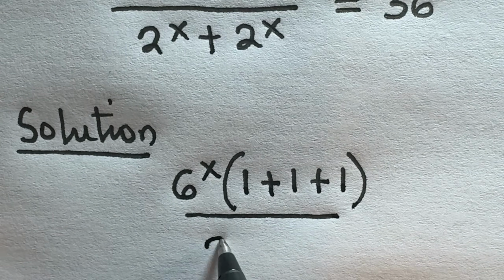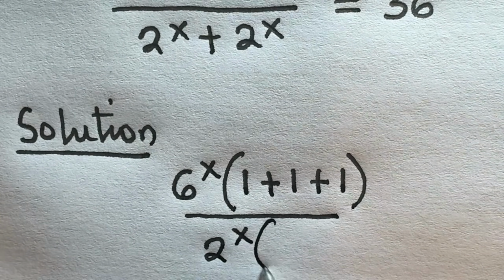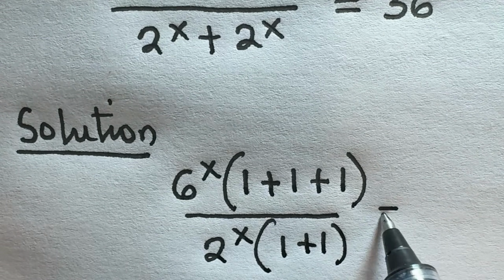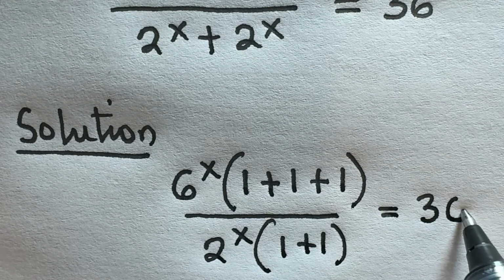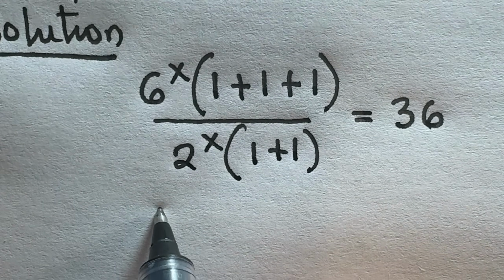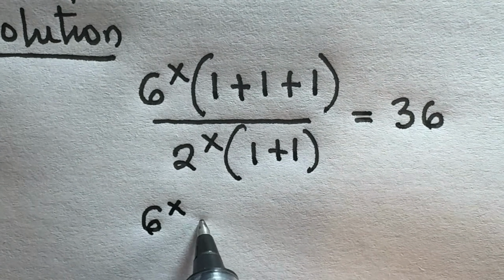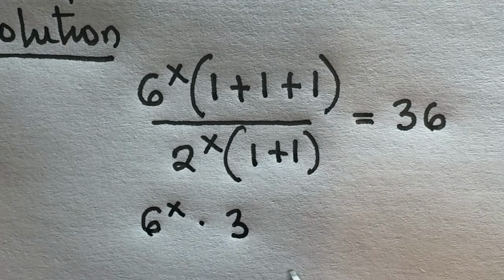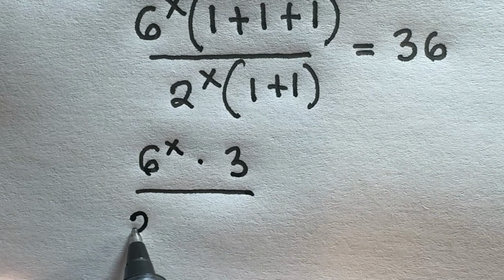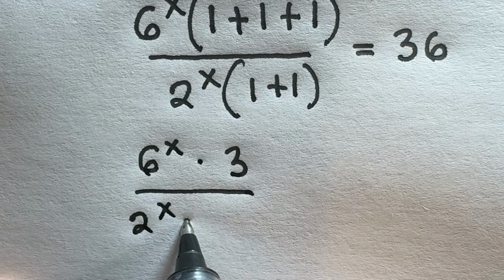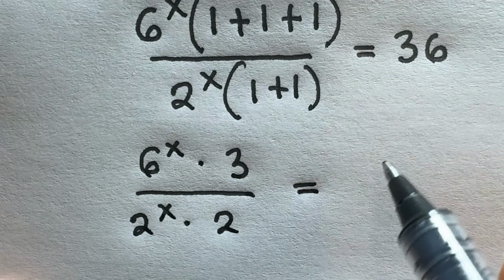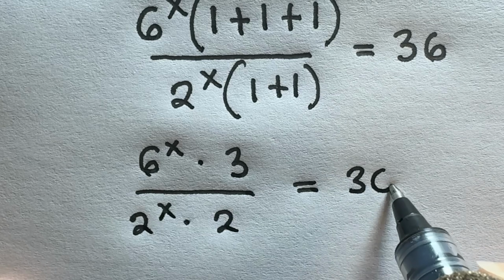This will give us 2 raised to power x into 1 plus 1 is equal to 36. This will then give us 6 raised to power x times 1 plus 1 plus 1 is 3, divided by 2 raised to power x times 1 plus 1 is 2, then equal to 36.